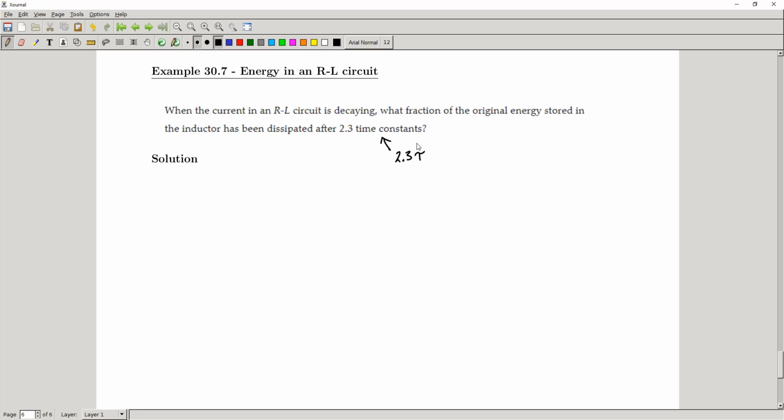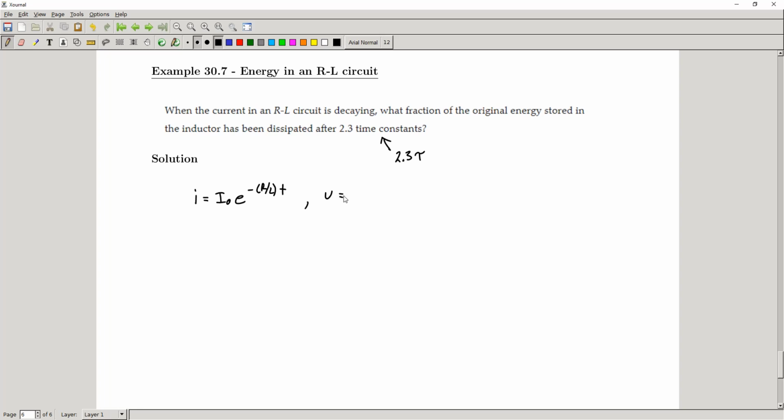Well, we can start off with our expression for what the current is going to look like around this loop as this inductor pumps energy into the system. It's going to look like this. The other thing that we need is the expression for the potential energy stored in the magnetic field of our inductor.